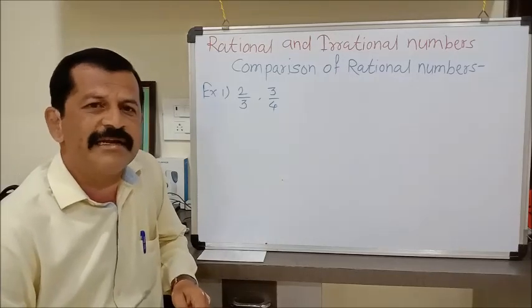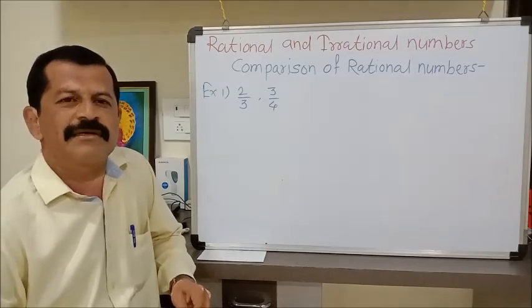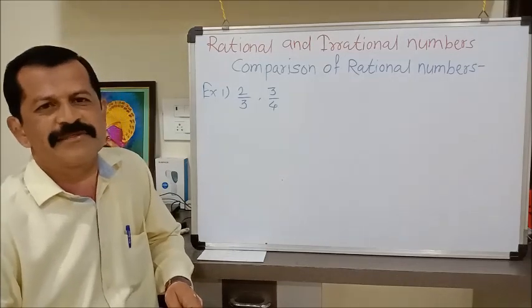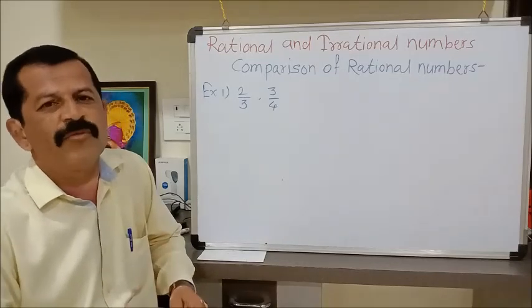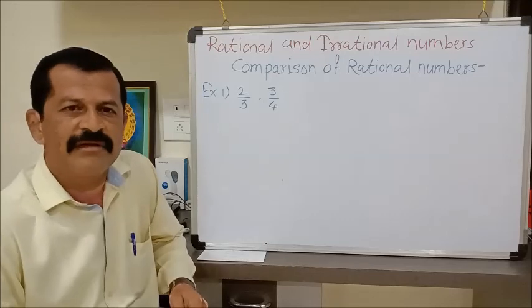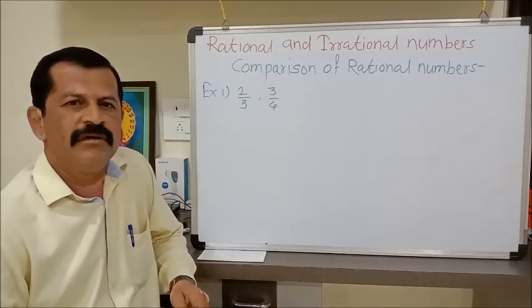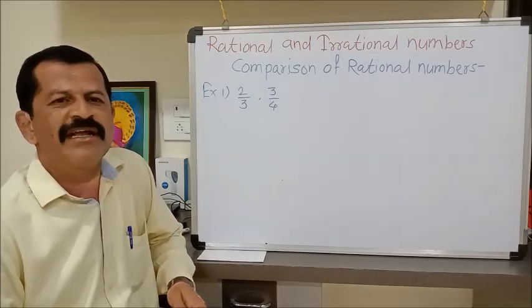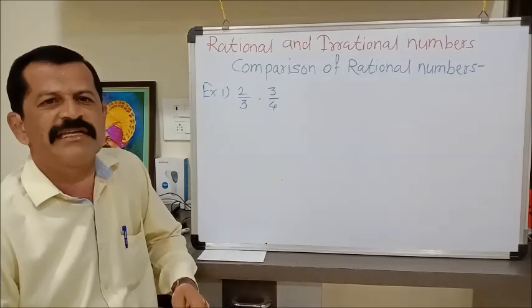We already studied in 5th standard that when we compare rational numbers, we observe the denominators. If both rational numbers have equal denominators, we can easily find out which rational number is greater.